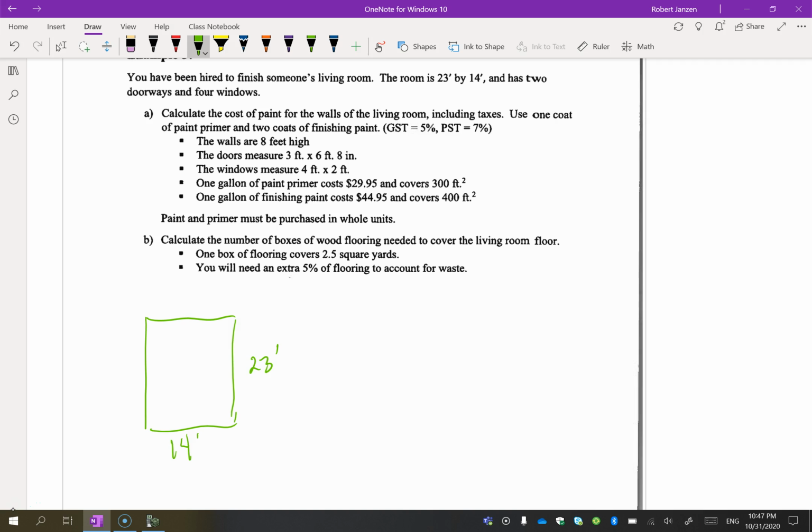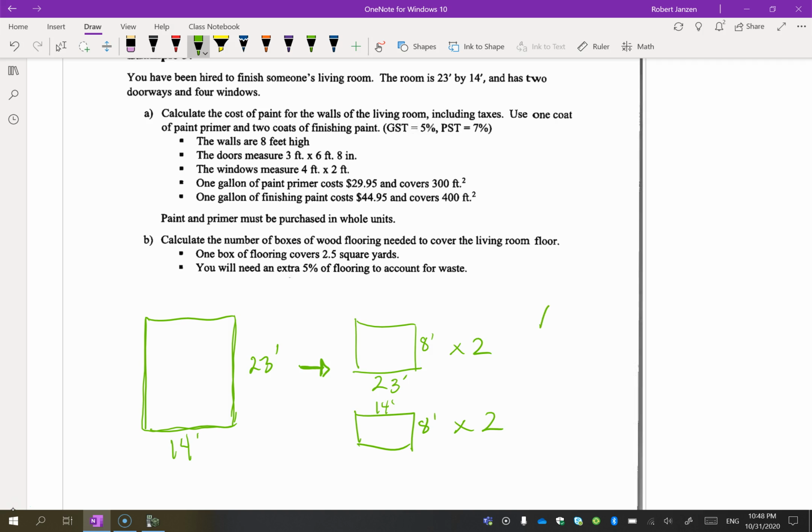So, from each of the, like this is a top view here. So let's draw each wall in. Okay? You're going to get a wall that's 23 feet long and 8 feet high. And there's actually 2 of those. Okay, there's 2 of those. And then there is a wall that is 14 feet by 8 feet high. And again, there's going to be 2 of those. Okay, and then we've got some doors and windows we're going to subtract.